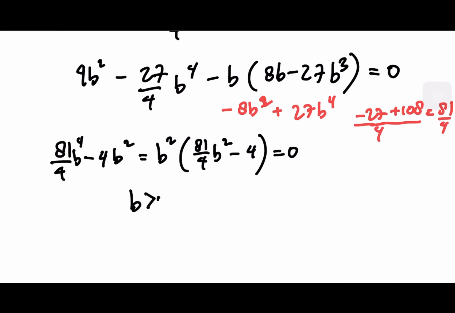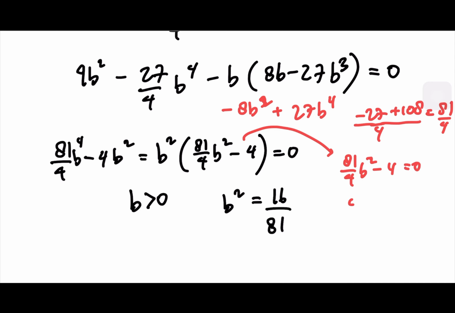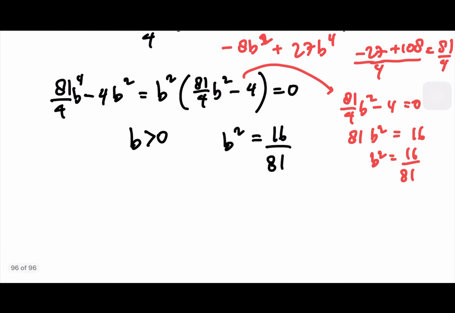And since b is positive, b squared is 16 over 81. So b will be 4 over 9.